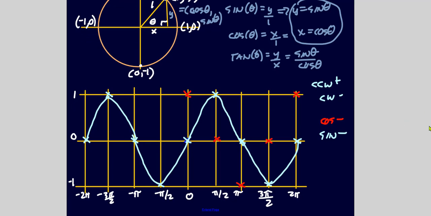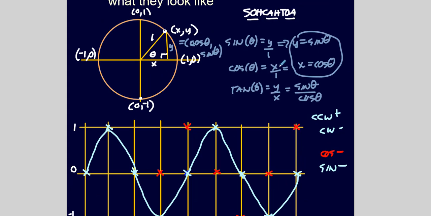Okay, so then going backwards for cosine, cosine of negative pi over 2, or negative 90 degrees, is 0. Cosine of negative pi, or negative 180 degrees, is -1. Cosine of negative 270 degrees, or negative 3 pi over 2, is 0.